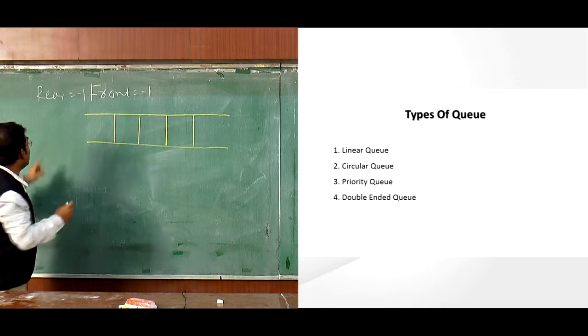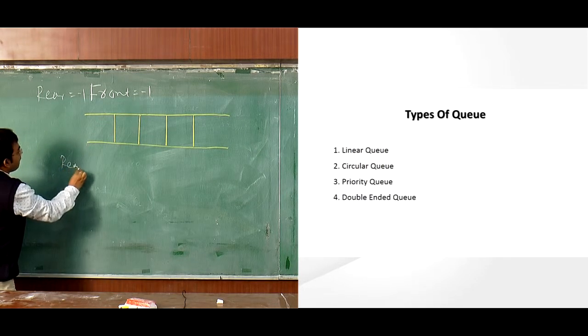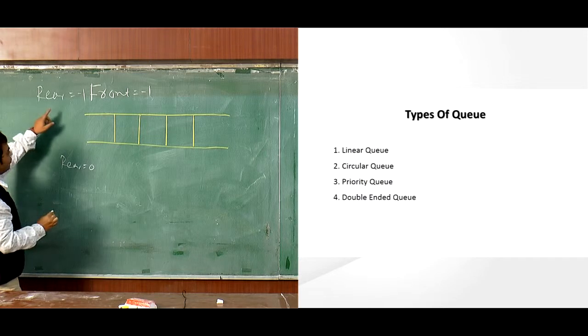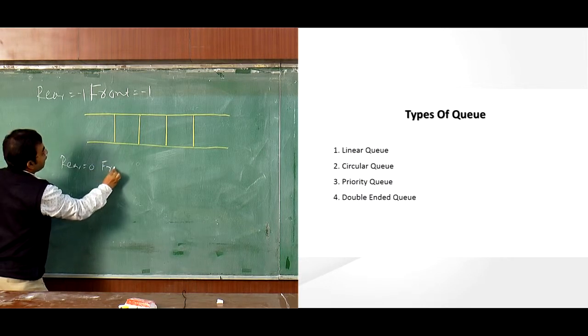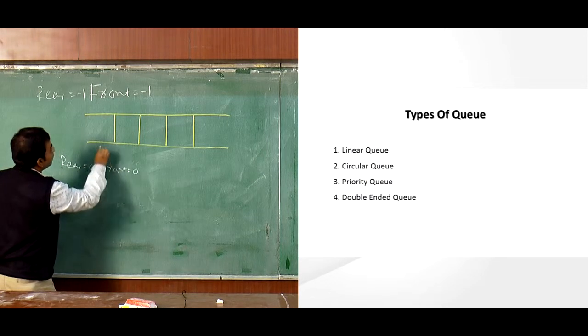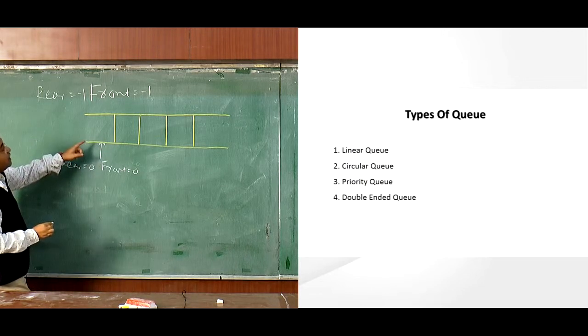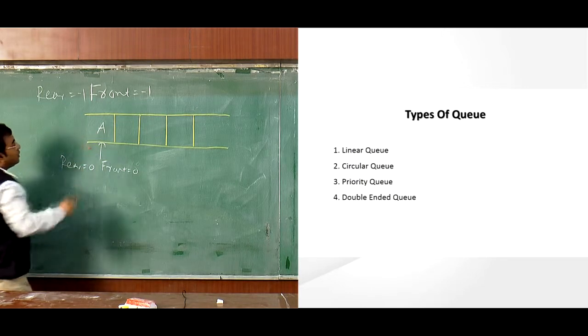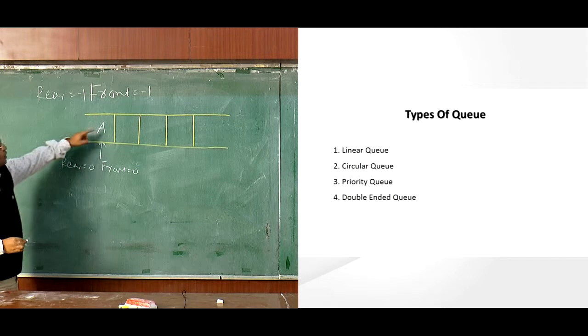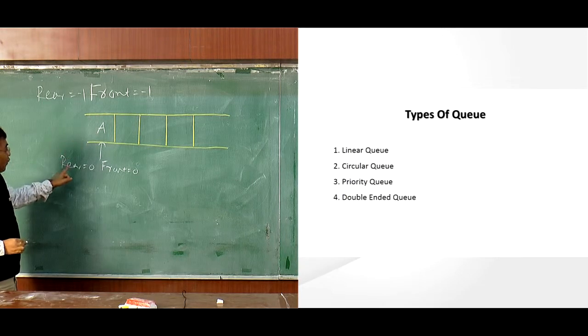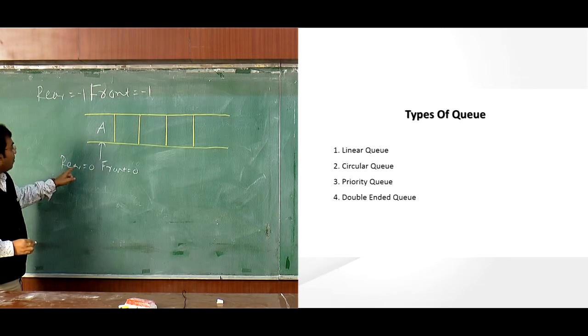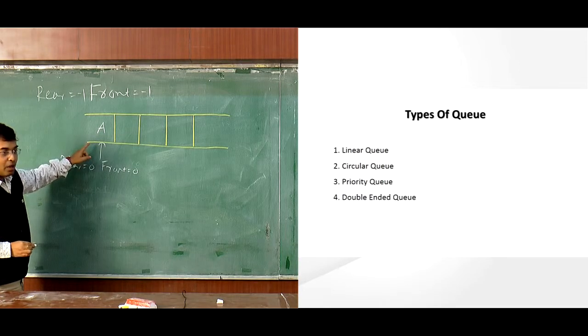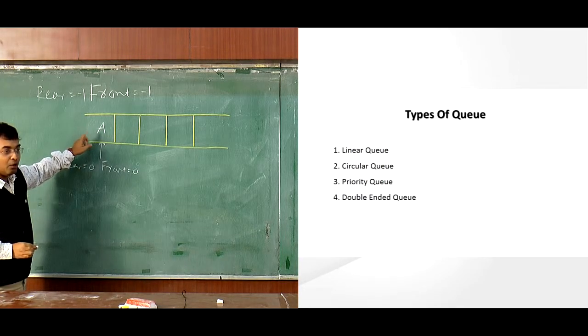The rear is incremented to 0 and front is also incremented to 0, and then you can insert a character A into this queue. If there is only one element in the queue, front and rear must both be 0, because they point to a single location.